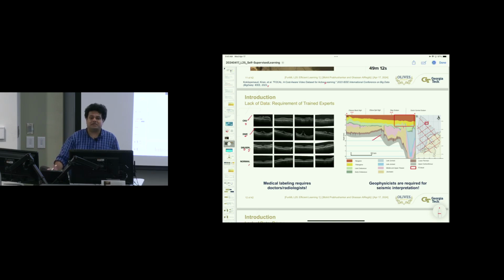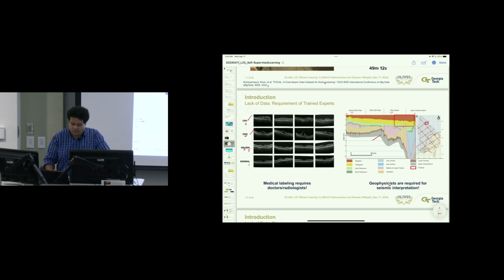There's multiple segments within the Earth's surface itself, and it's important to label all of them. Sometimes there's faults as well, which complicates the process. And these faults are very important for earthquake monitoring and for other applications as well. So all of this requires geophysicists to do the interpretation. So we cannot crowdsource this kind of data.